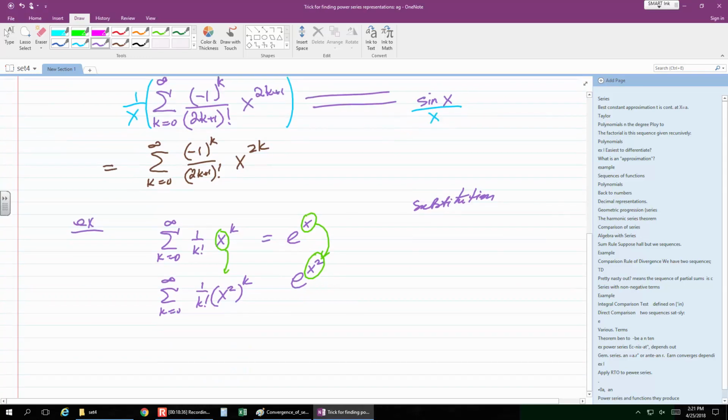Okay, which is still not quite a power series representation, but I use the exponential formulas for exponents, and I have x to the 2k like this. So that is indeed a representation.